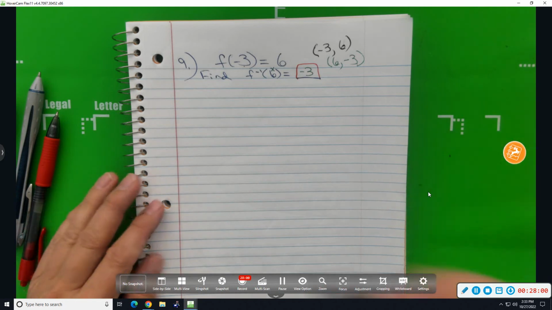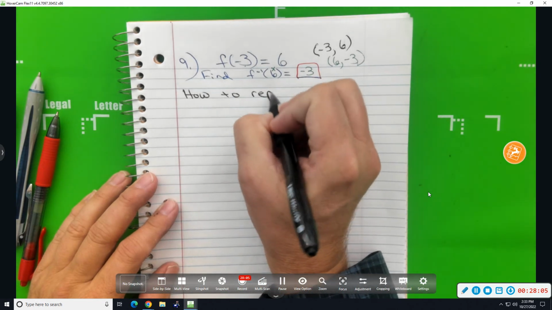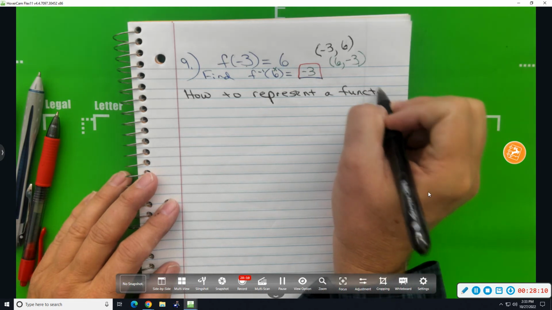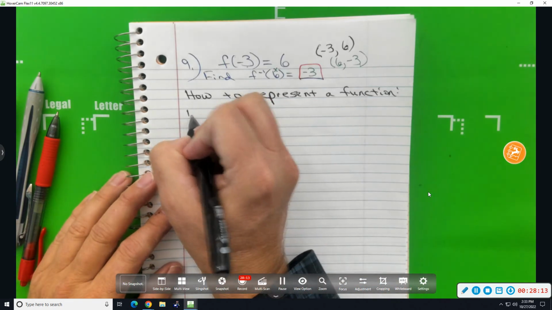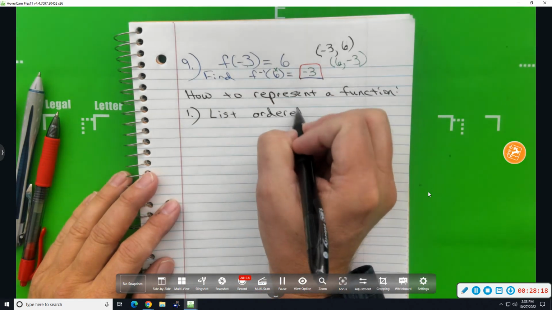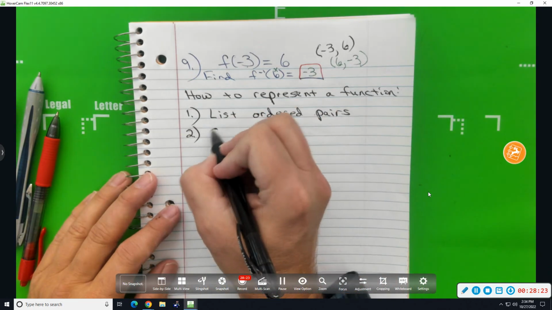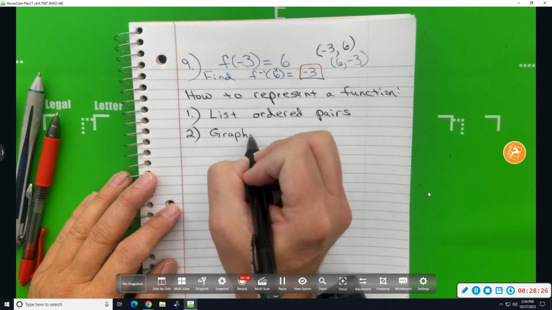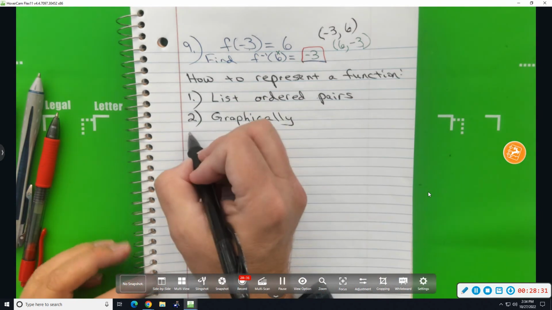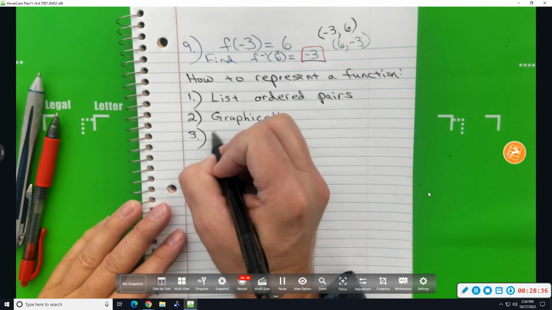The third method, the most common method, of course, is through the use of a function equation.